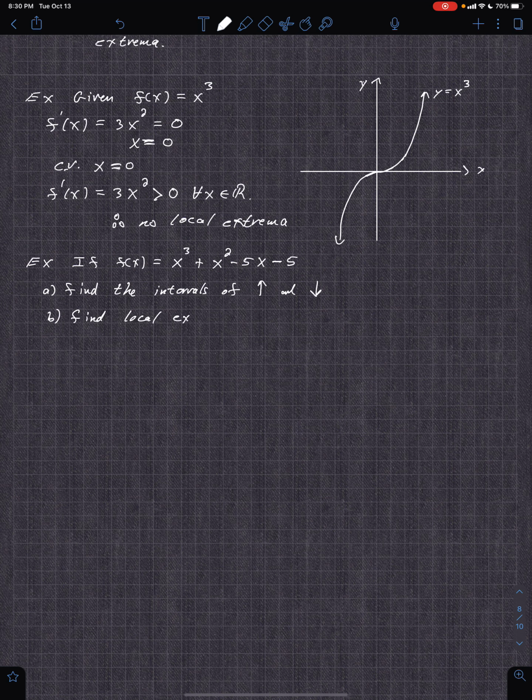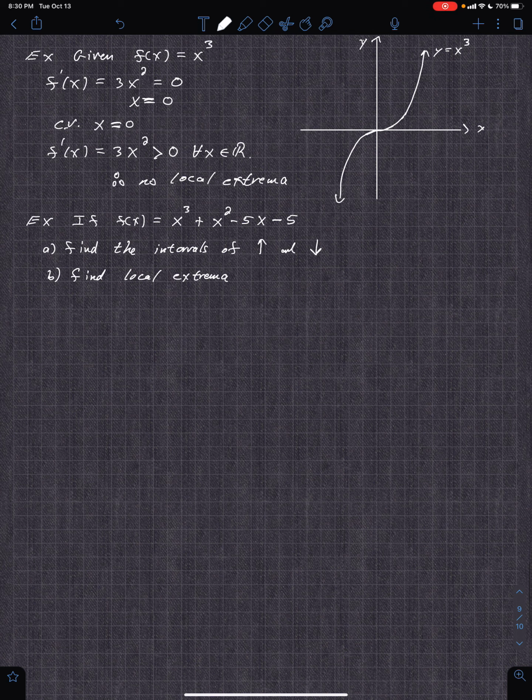So find local extrema, which is tied to A and B, of course. And then sketch. So C is sketch the graph. So sketch the graph and indicate intercepts. Always got to do intercepts if we can. So label intercepts, that kind of thing.